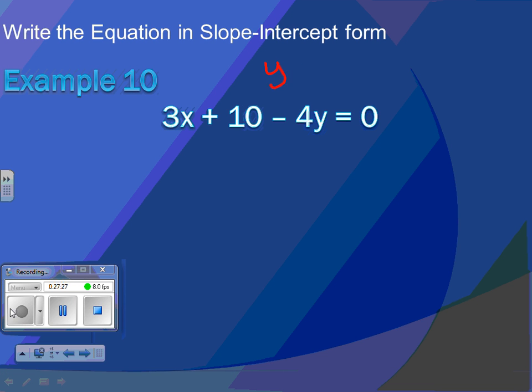So if I want y equals mx plus b, is my y on the left side? Yes, level 1 complete. Is my x on the right side? Nah. So let's take it and move it over and squeeze it over here. So I have 10 minus 4y equals negative 3x.